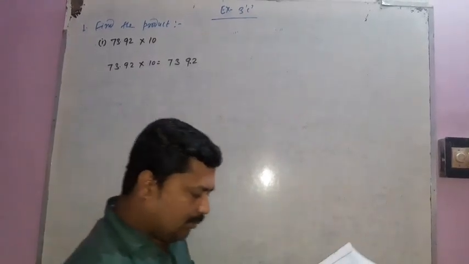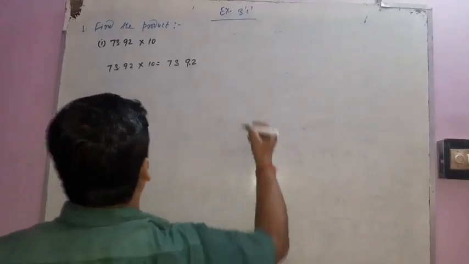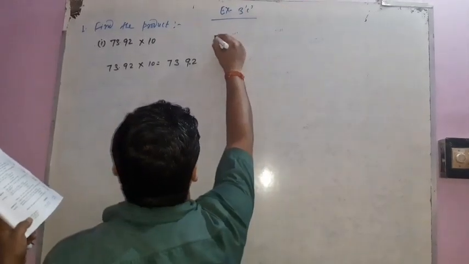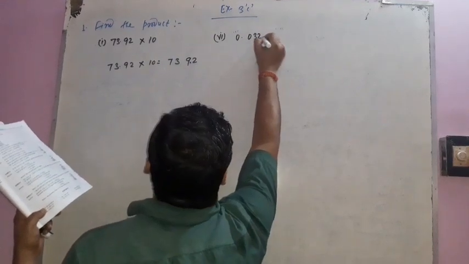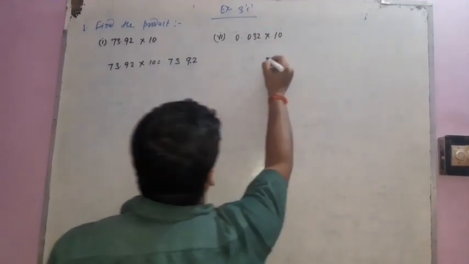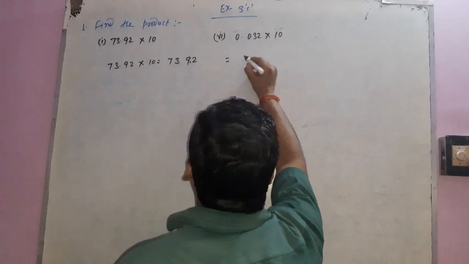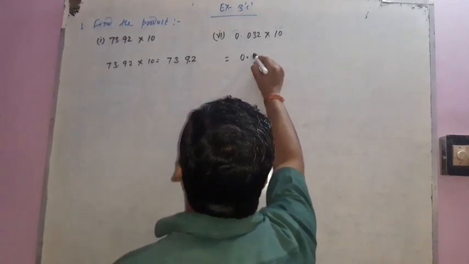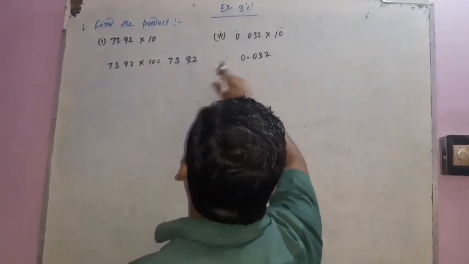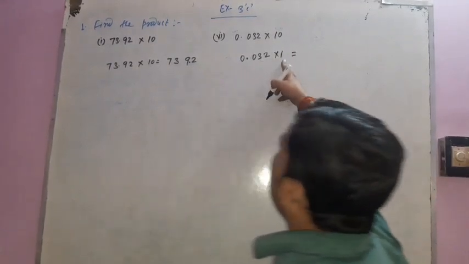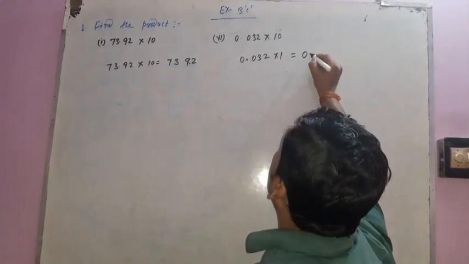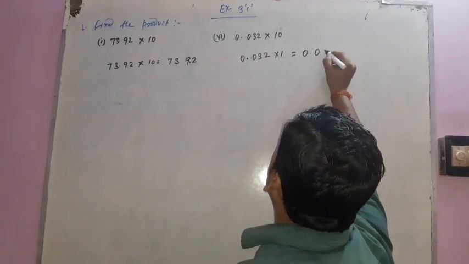Okay. Look at one more example here. Question number 6: 0.032 into 10. Now, first we again multiply 032 with 1. A number multiplied with 1, we get the same result here, 0.032.